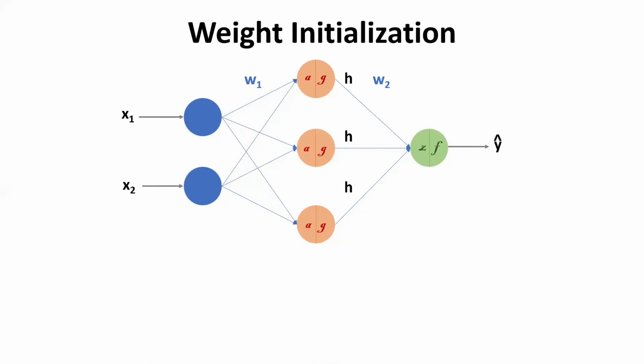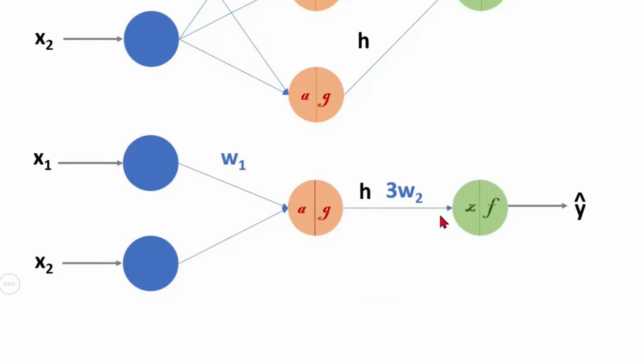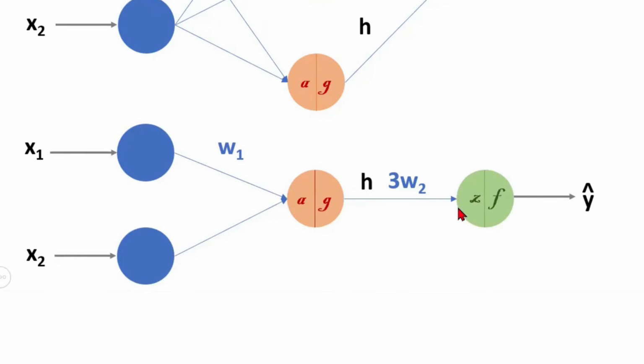Let's look at the network in isolation, and we've just replaced these A11, A12 values with A's and H11, H12 values with H's. If you look at this network, we went through these 6 connections first, then through these 3 connections between the hidden layer and the output layer, and the aggregated value of Z was 3W2H. Can we replace this with an equivalent network like this?